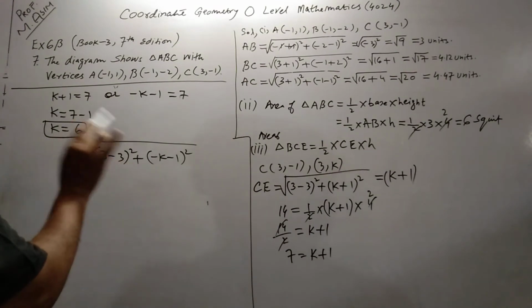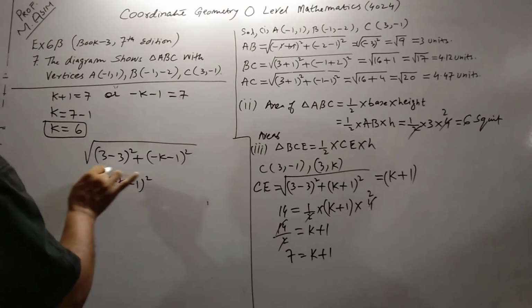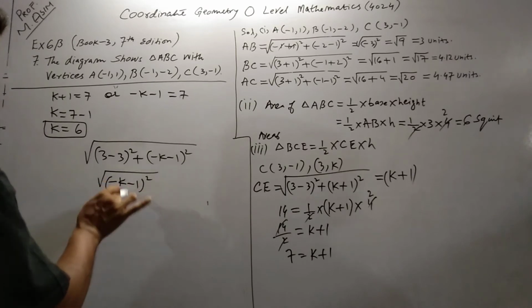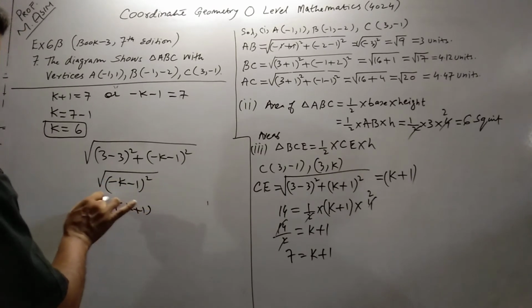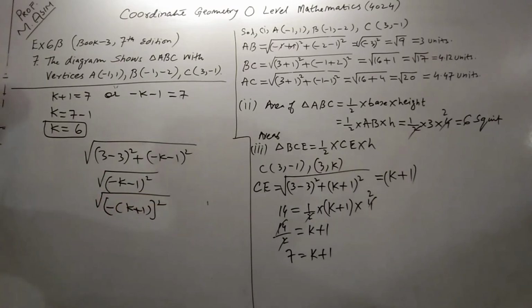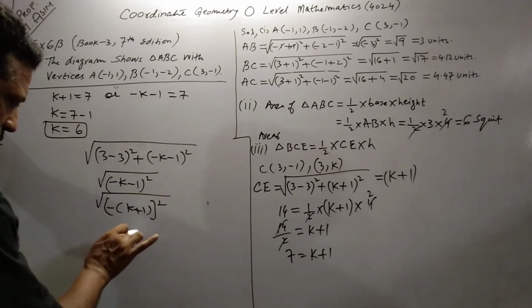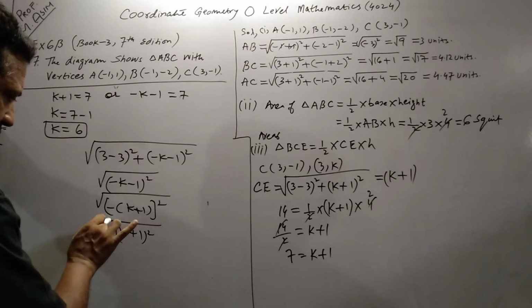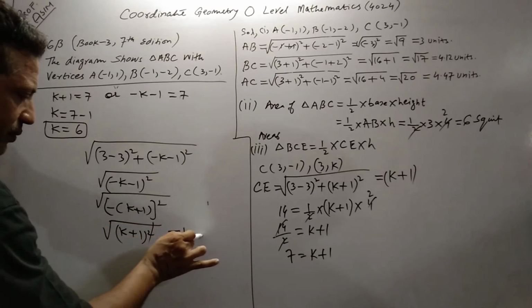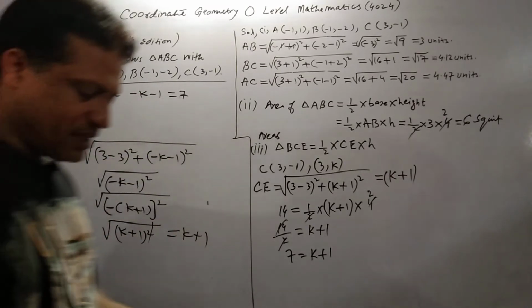Now 3 minus 3 is 0, 0 square is 0. So what is remaining? Square root of (minus k minus 1) whole square. If I take the common minus sign out, it is (k plus 1) and the remaining square. Students, the square of a negative number is always positive. Therefore, the remaining is (k plus 1) whole square. Square cancels with the root, the answer is k plus 1.